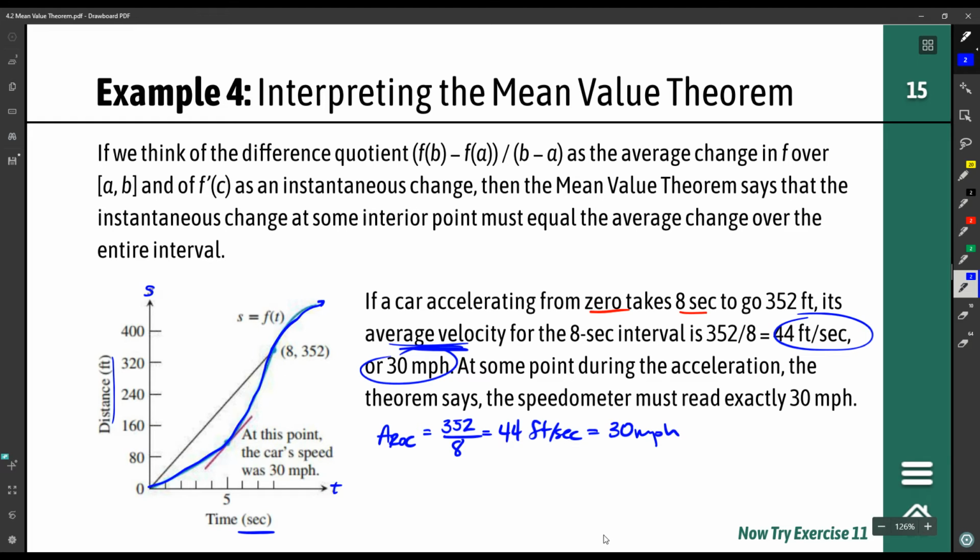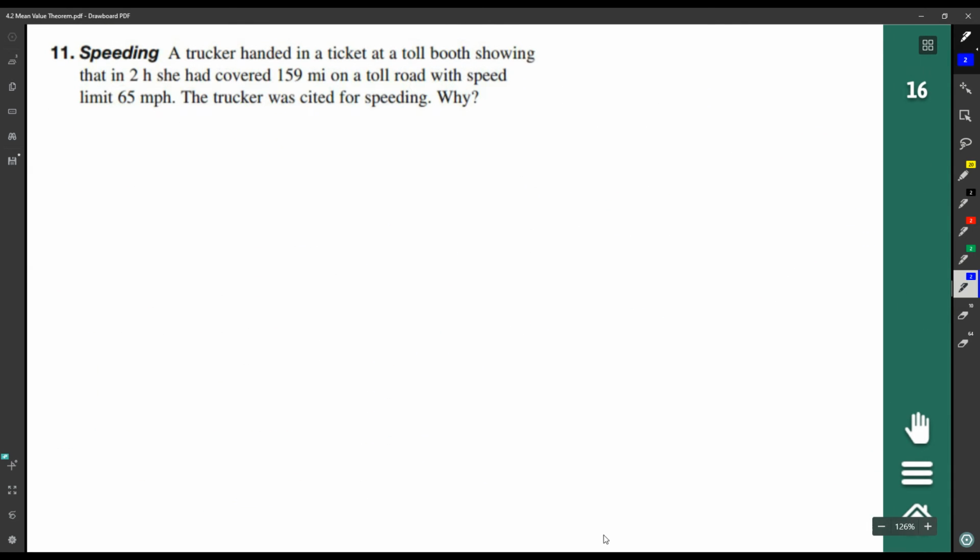And hopefully that makes good sense: if you are speeding up, at some point before you reach your maximum speed, you're going to hit every one of the miles per hour in the middle. So at some time between 0 and 8 seconds, there must have been a place where the speedometer read exactly 30 miles per hour. And that takes us to an exercise from the text, number 11, on speeding.